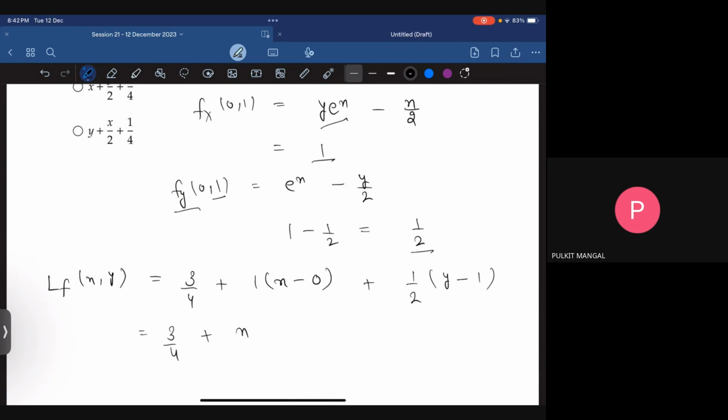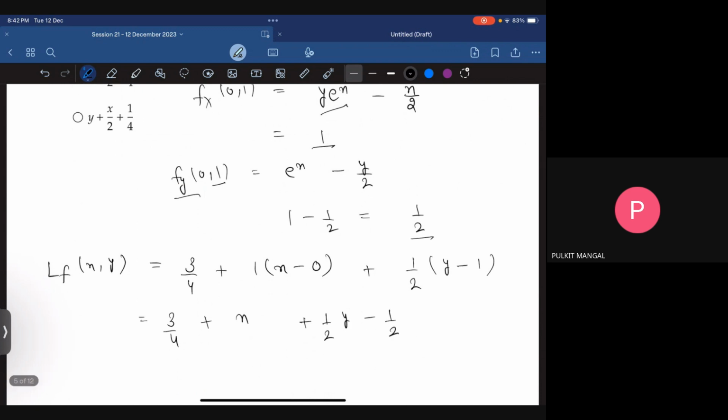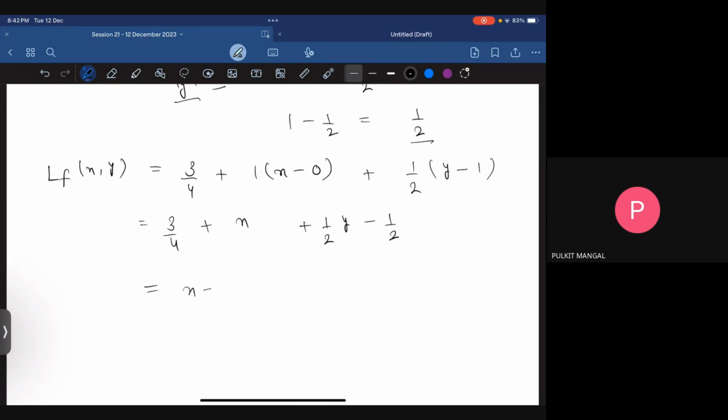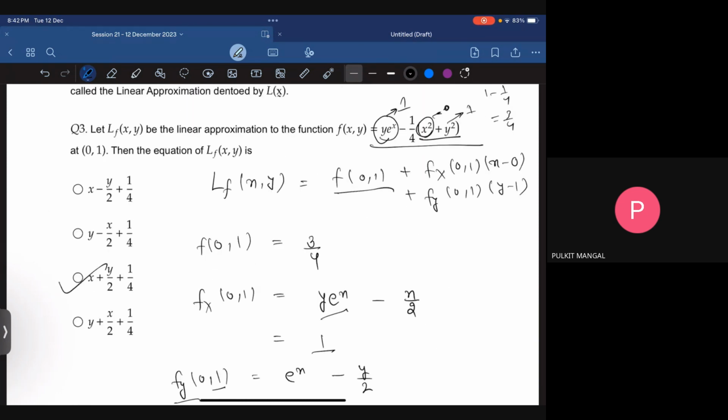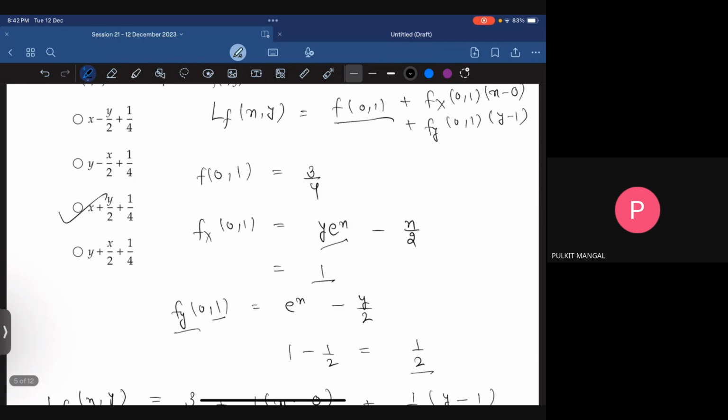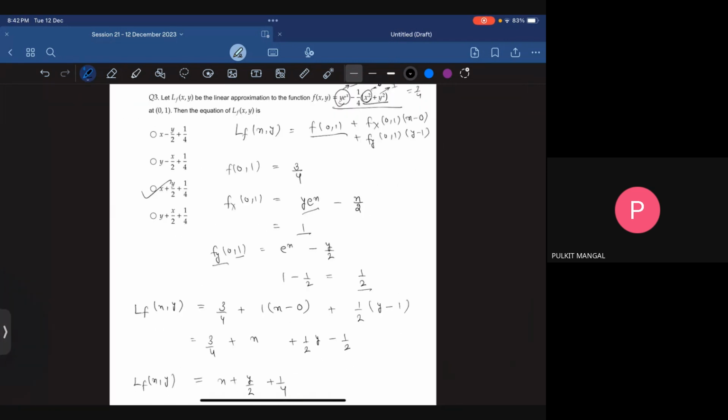Simplify it: x + y/2, and 3/4 minus 1/2 is 1/4. So this is my linear approximation for the function, and it is option C. Any doubt in this question?